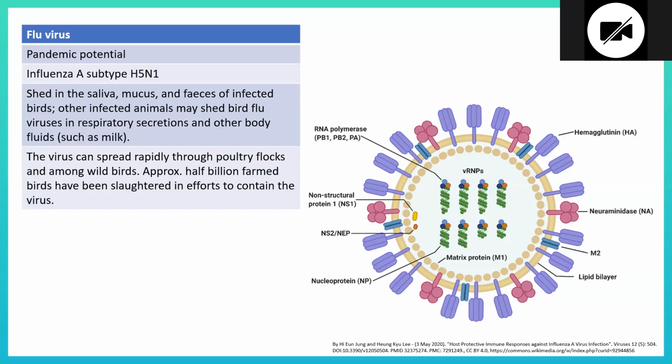The virus can spread really rapidly among poultry flocks because wild birds go wherever, particularly migratory birds like geese. They'll fly, and then they'll just go and swim in a pond that's got farm birds in, and infect a whole flock of farmed birds. So about 500 million farm birds have been slaughtered in the efforts to control this particular H5N1 strain.